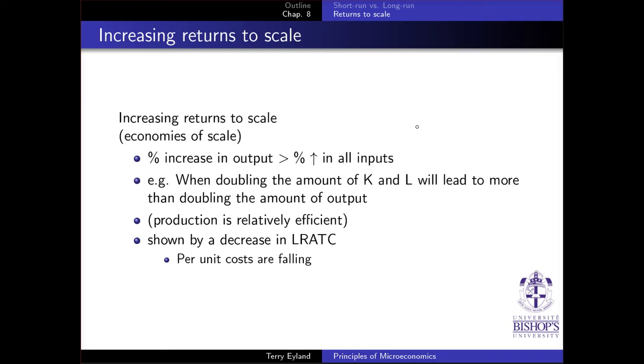So assuming that the costs of those factors have stayed the same, I double my cost, but I more than double my output. If the output is selling for the same price as it was before, I am going to be lowering my per unit cost. So this is when production becomes more efficient and per unit costs are falling.